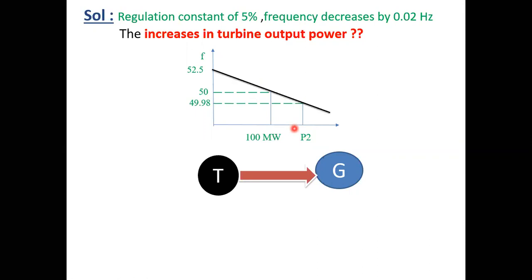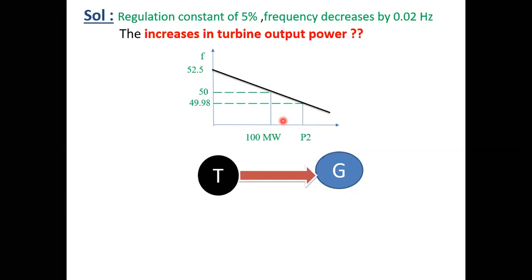So how can we find the P2 value? Very simple. First, let us try to understand what this black line is. This is the slope between frequency and real power. Already I told you that we have two groups in our power system. Group one is real power versus frequency.